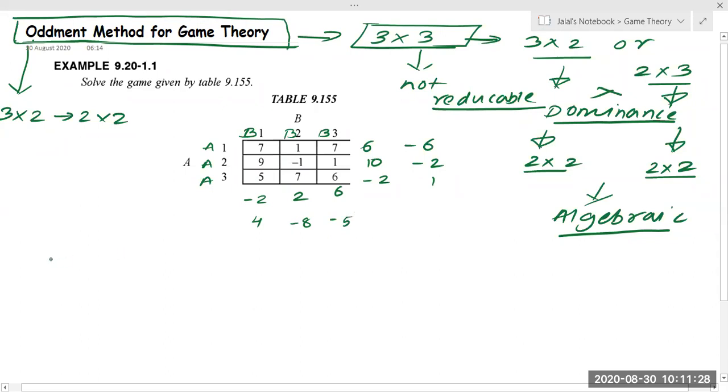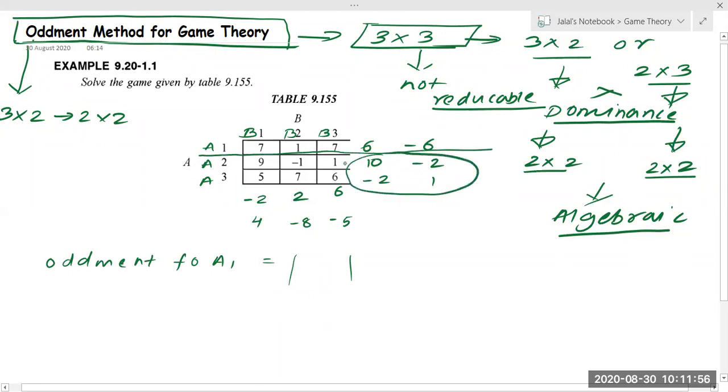Now I need to find the augment. There are 3 strategies for A and 3 strategies for B. So I will find the augment for A1. If you want to find the augment for A1, you should leave this value, and the determinant of the rest will become the augment.